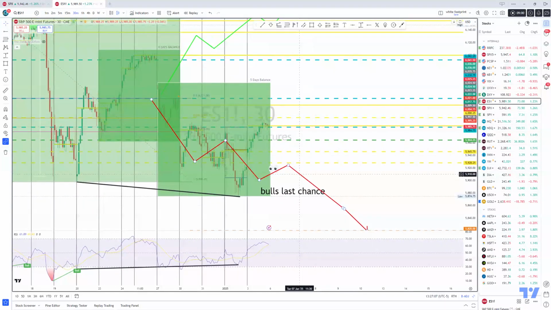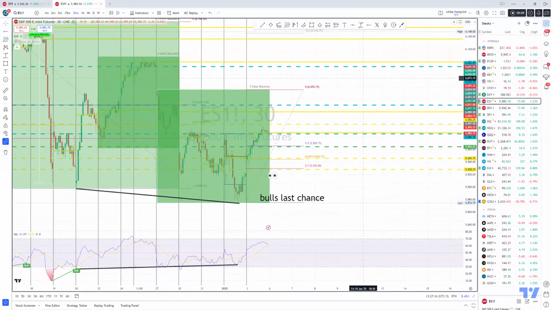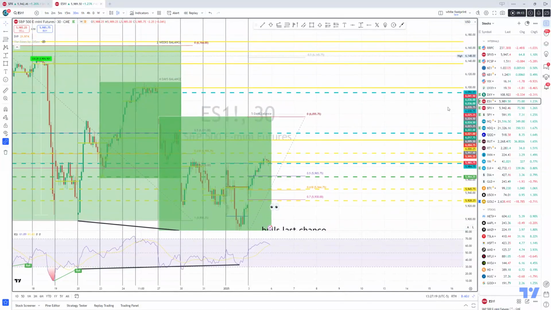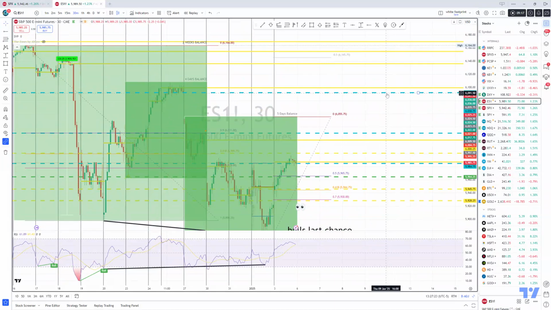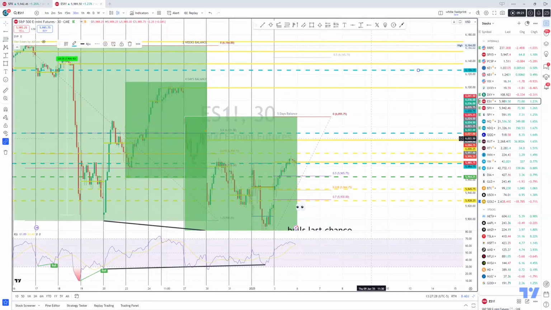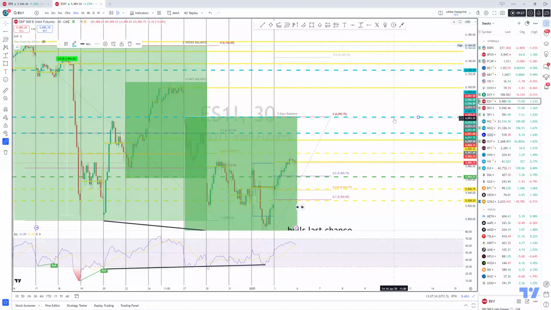Let me delete all of these things here. Get the midpoint here. It's right here. Top is right there. Bottom's right here. Then we're going to take a look at the extensions and see where those extensions are landing. So this is the top of the balance. That should be target number one.